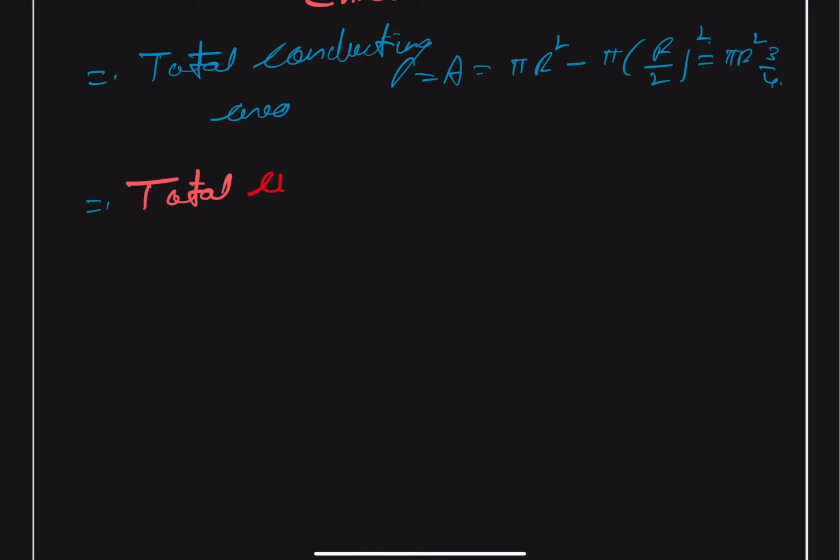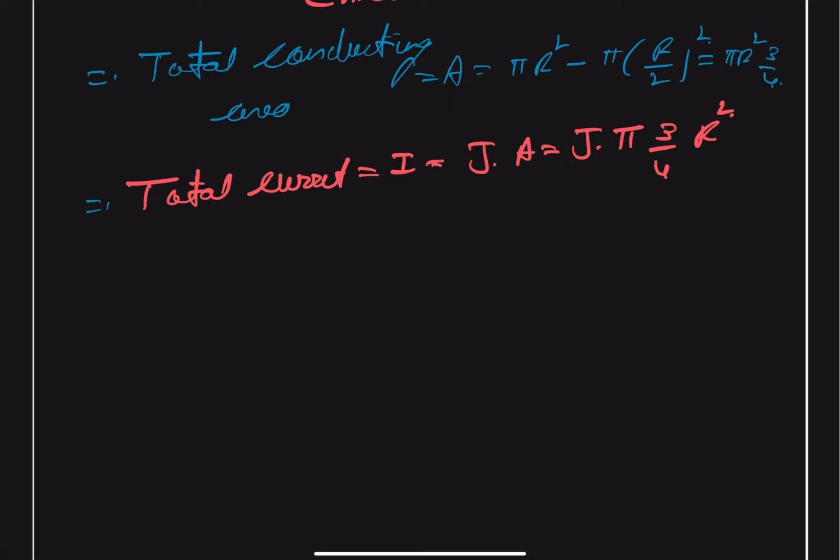Total current I is equal to J multiplied by A. This comes as J pi, and we have 3 by 4 r square.